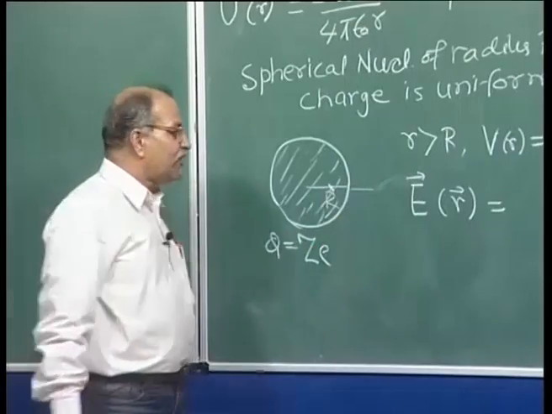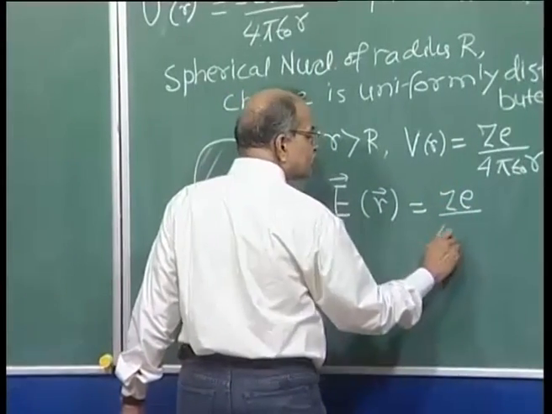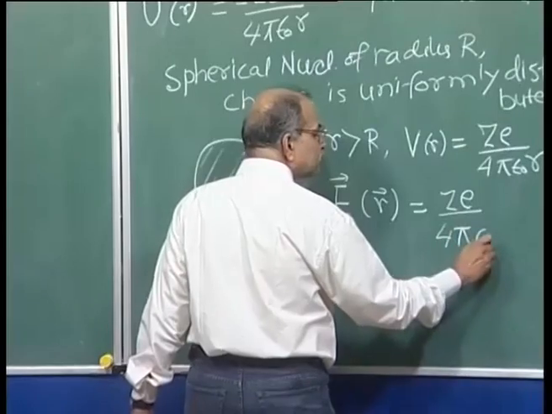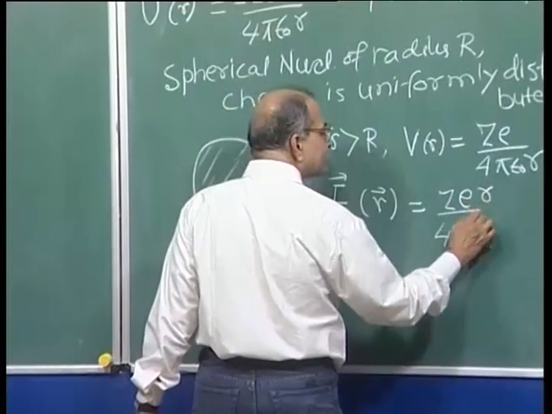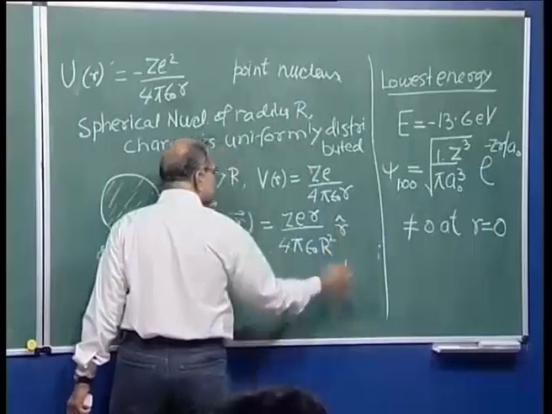So, what is the electric field? Ze, total charge, over 4 pi epsilon naught, and then r here and capital R square here and r cap here.